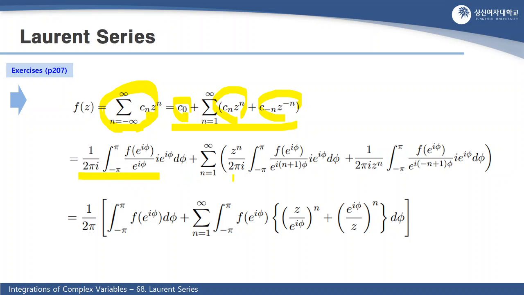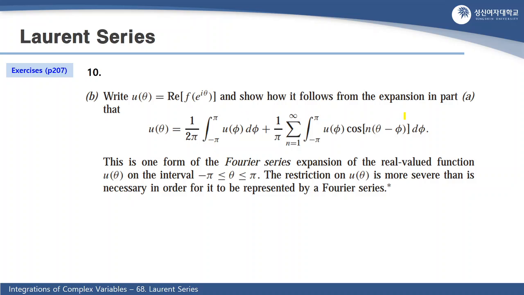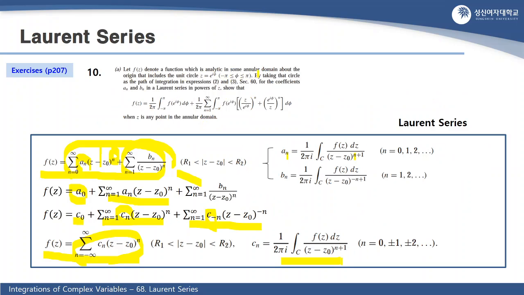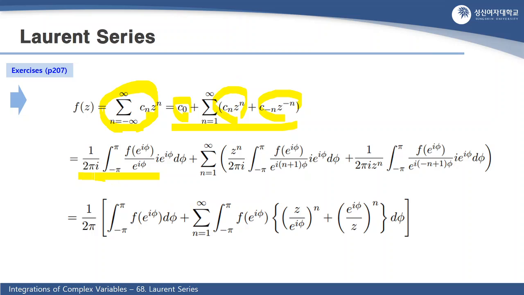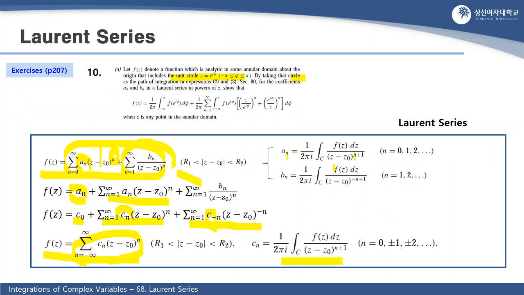Then we consider contour C. In the problem, we consider the unit circle here, z is equal to e to the i phi, where phi is greater than or equal to negative pi and less than or equal to pi. So we apply this condition to the integral, then we get this. z is replaced by e to the i phi in the formula here and here and here.